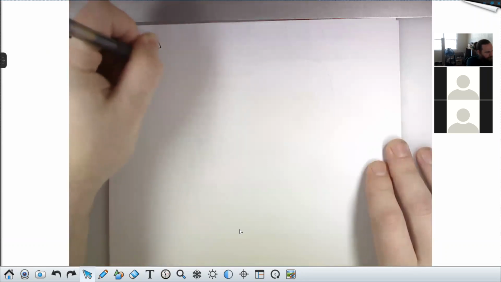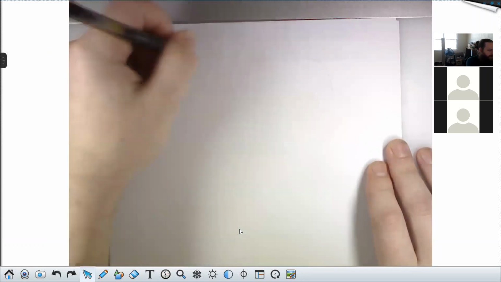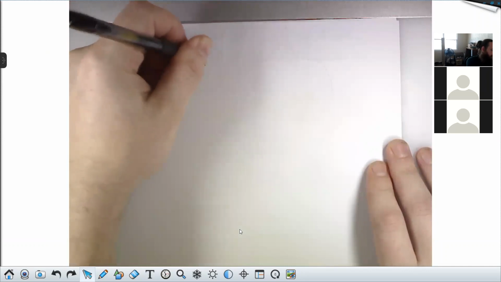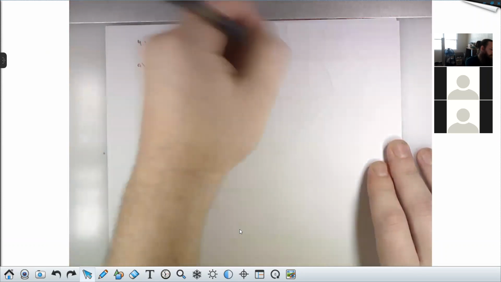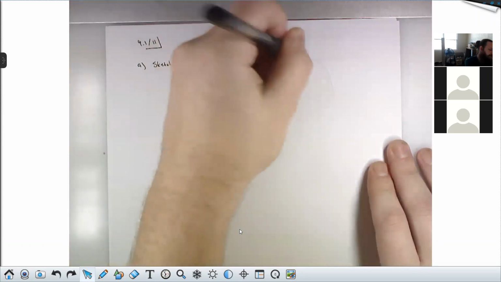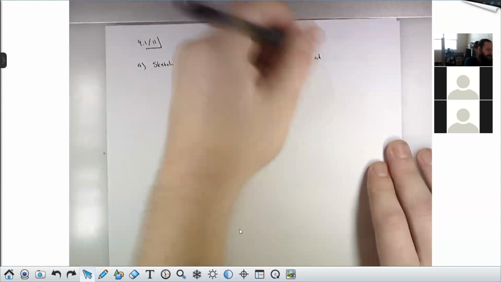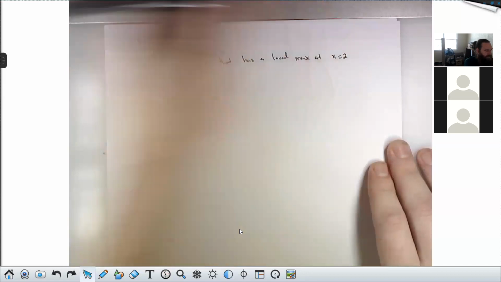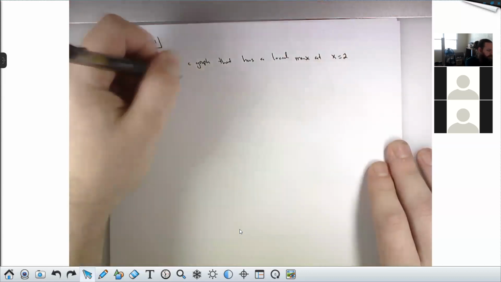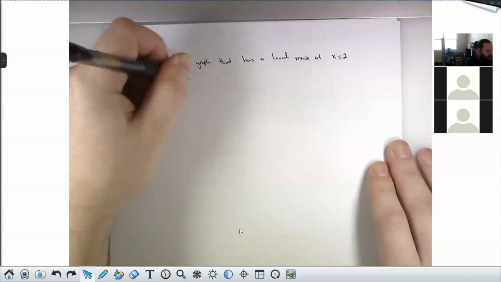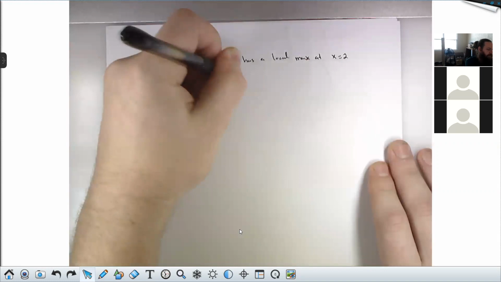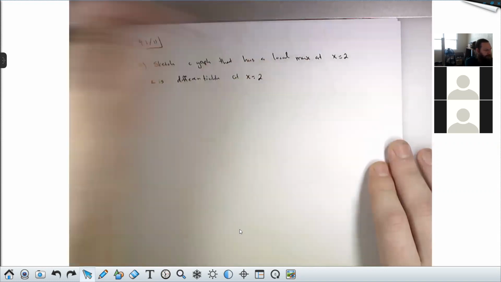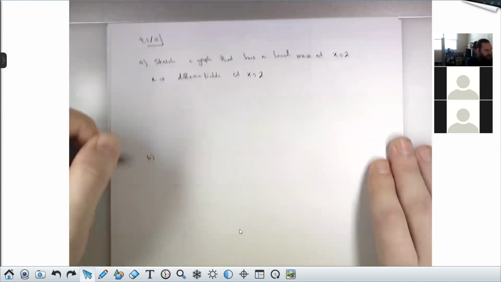A: sketch a graph that has a local max at x equals 2 and is differentiable at x equals 2. And then I'll sketch my graph there and have part B.